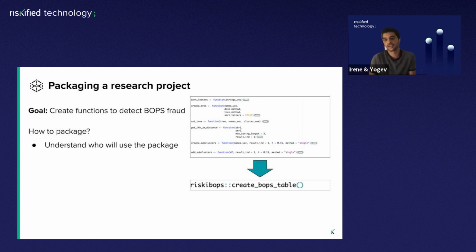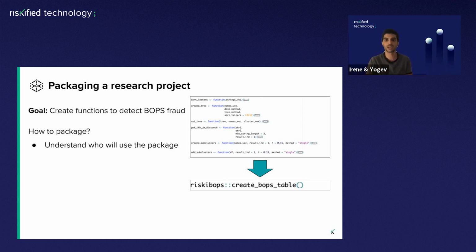When I created my code, I really enjoyed doing all the statistical analysis and looking at the different algorithms and learning and so on. But we understood that the person who will use this code isn't interested in all that. He wants something very simple that will be able to detect fraud quite easily.